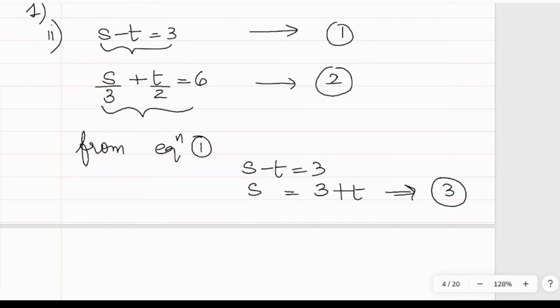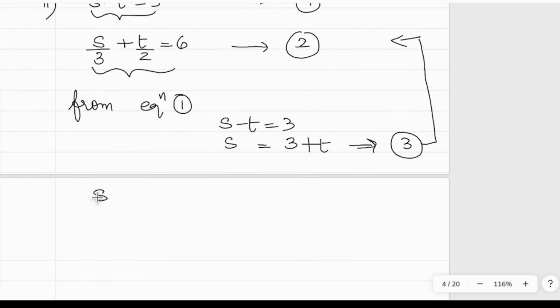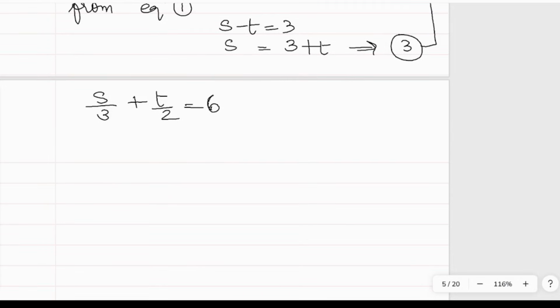Now what I will do, as I told, we need to substitute this value into the equation number 2. What is my equation 2? Equation 2 is s by 3 plus t by 2 equal to 6. So what I will do now? I will have to substitute the value for s equal to 3 plus t in this equation.